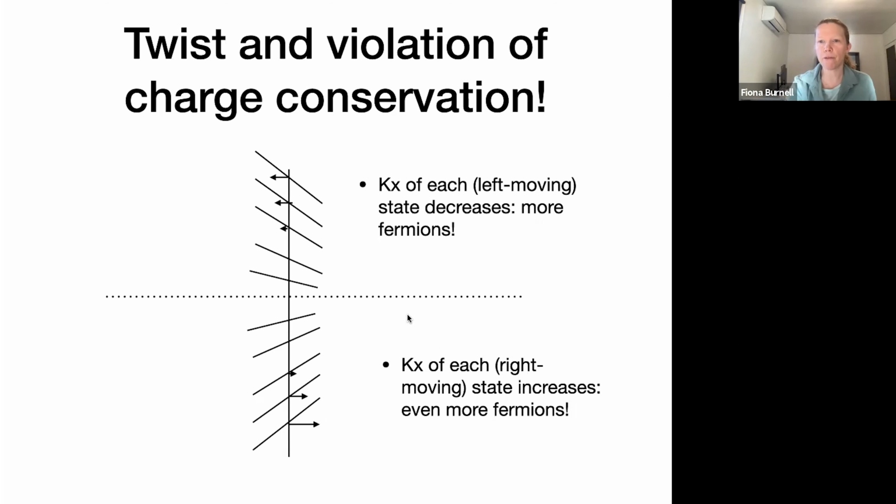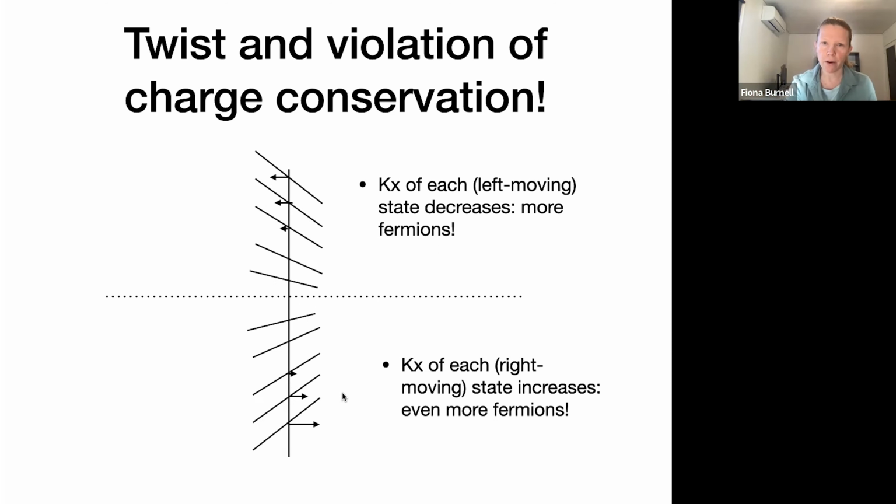But actually both of these things are going to give us more fermions. And you can sort of see that because these guys are left movers, and so decreasing their kx shifts my Fermi surface this way, okay? And so that's going to accommodate more electrons, and similarly here, if these are right movers, shifting the Fermi surface this way, it's going to accommodate more fermions.